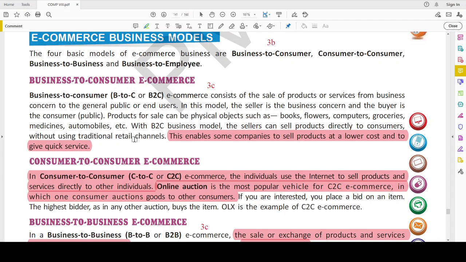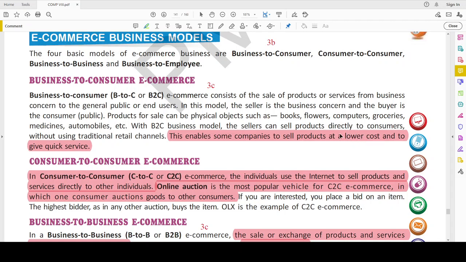So the service is quick. Delivery becomes quick and even at a lower cost. As there are fewer people associated, the business concern is giving you the service directly, so the cost is reduced.